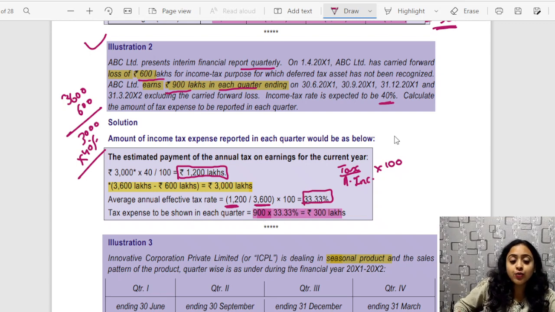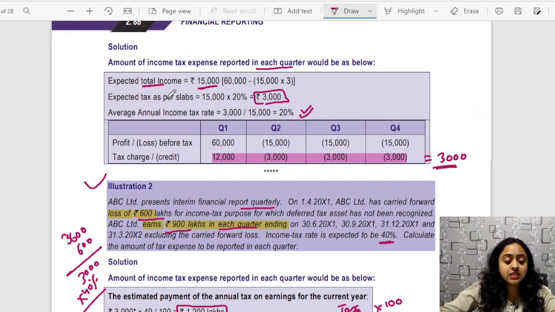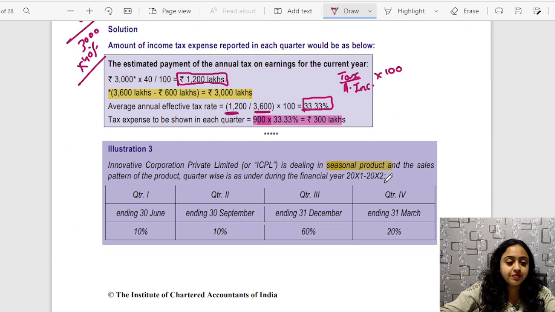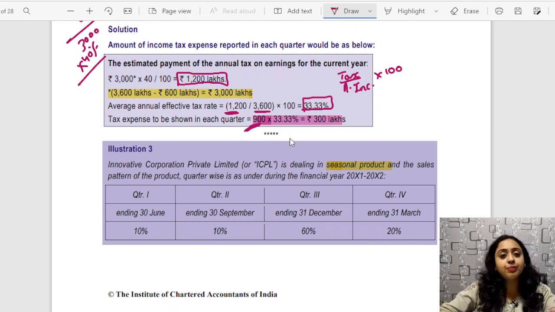If you want to prepare this format, you will prepare quarter 1, quarter 2, quarter 3, quarter 4 with 900, 900, 900, 900, and then apply the tax at 33%, that is 300, 300, 300, 300. Since the figure was the same for each quarter, it has been presented this way. You can present it as per illustration 1 as well.